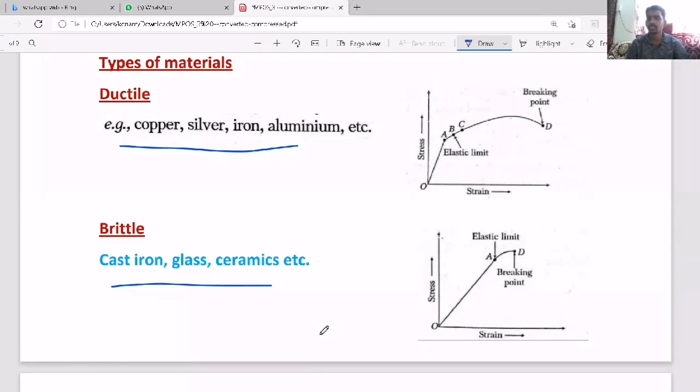Brittle means after the elastic limit, you cannot stretch to a greater length, like glass, for example. You cannot make greater changes. That's why it is called brittle.